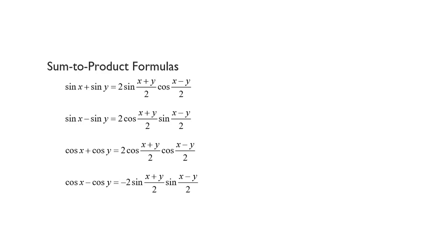Similarly, if we have cosine of x plus cosine of y, we will have that equal to 2 cosine of x plus y over 2 times cosine of x minus y over 2. And lastly, we have cosine of x minus cosine of y is equal to negative 2 sine of x plus y over 2 times sine of x minus y over 2.